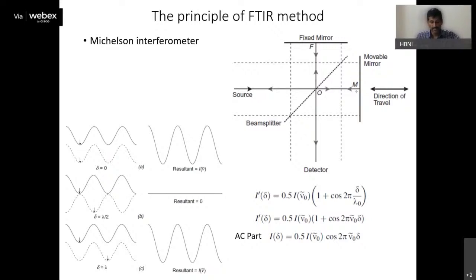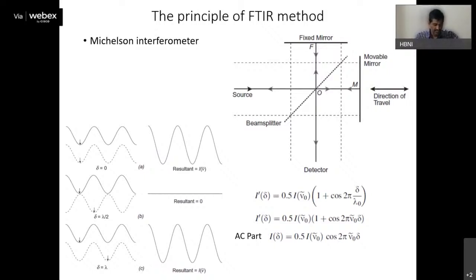If the two rays coming from the different mirrors don't have the same path difference, and the path difference is around lambda by 2, you will get destructive interference, and the intensity reaching the detector is 0. It doesn't mean that this intensity is lost in between. What happens is this intensity goes back to the source.